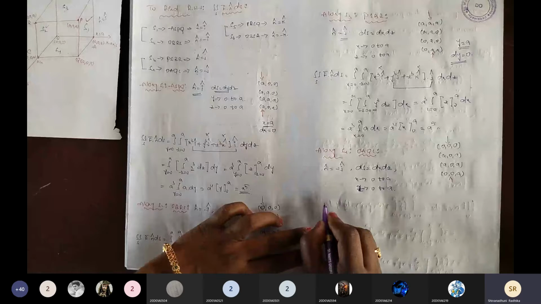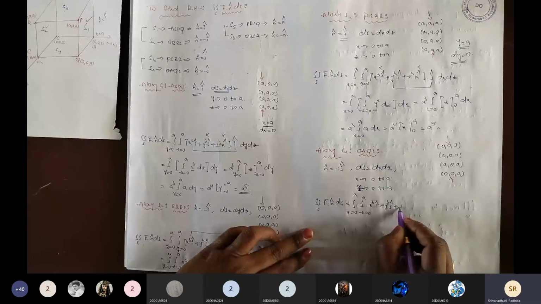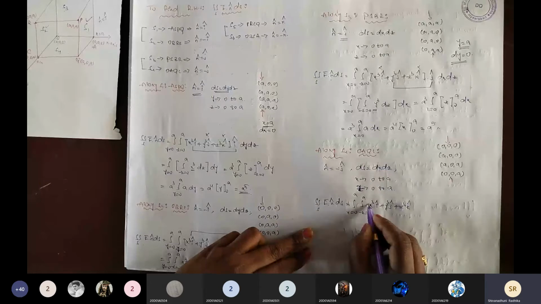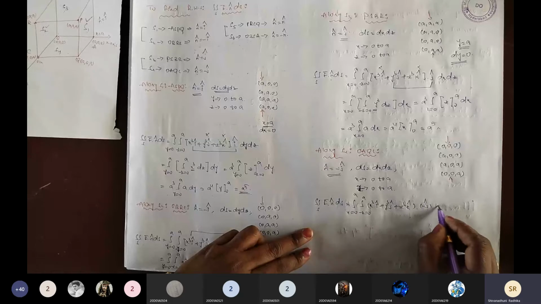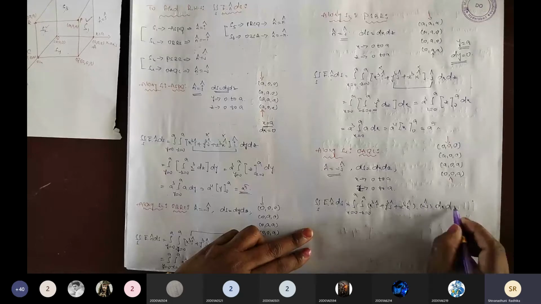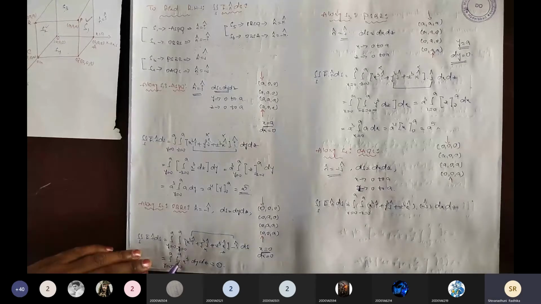That equals integration x from 0 to a and integration z from 0 to a. Substitute the vector point function x cube i cap plus y cube j cap plus z cube k cap, dot n cap, which is minus j cap, dS is dx dz. Okay, minus j cap. What is minus j cap here?